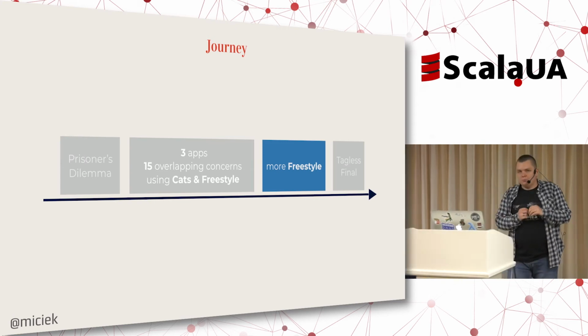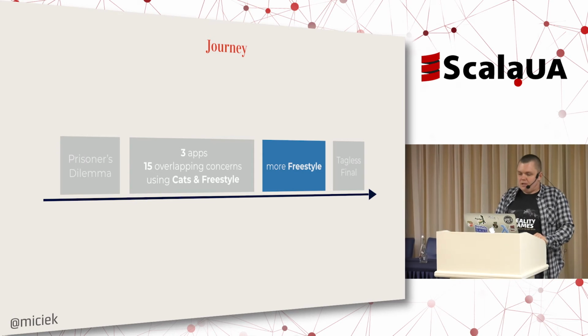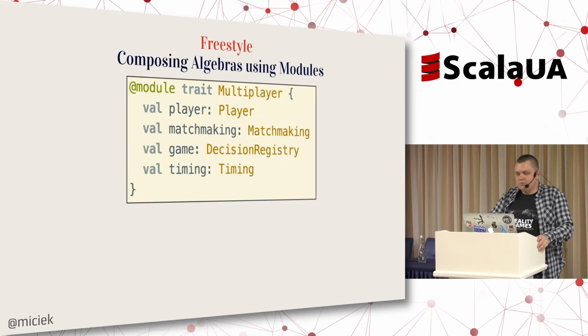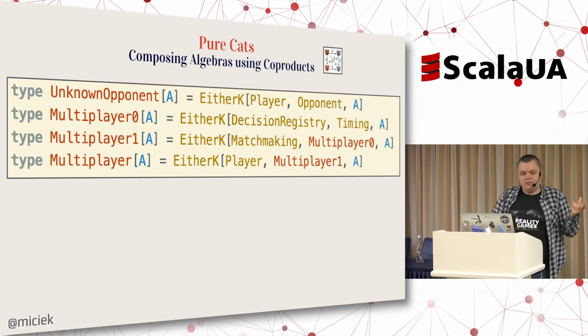problem with free, which was boilerplate, and the boilerplate can be dealt with using macros. But there are several more problems. If you've never used free, I want to just make sure that you know what to deal with. So we use this kind of modules in order to compose sets of operations. This is a freestyle approach, and this is a free approach.